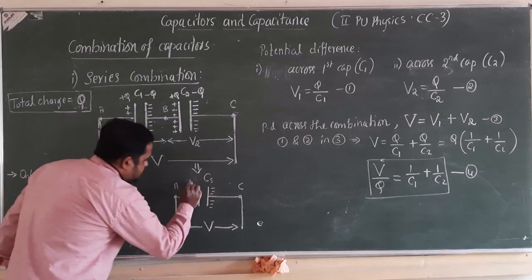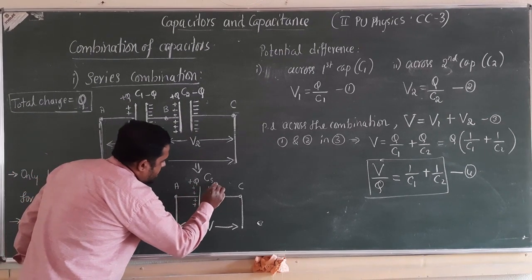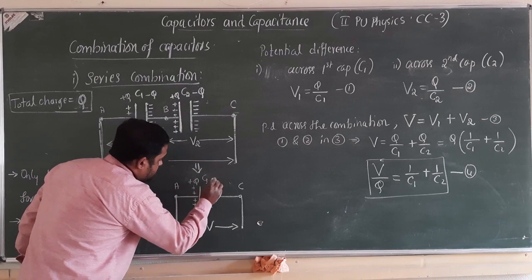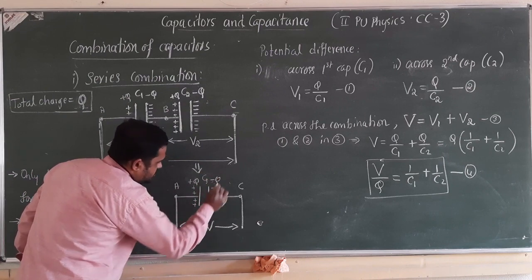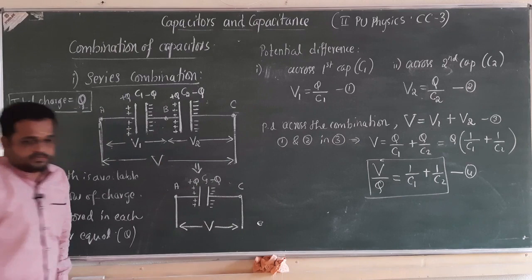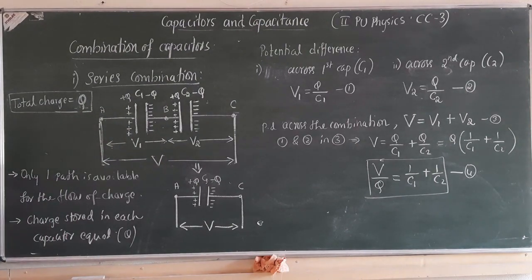So, this capacitor is said to be an equivalent capacitor only if it stores the same amount of charge, that is plus Q and minus Q, when it is connected to the same potential difference. Isn't it? Same potential difference.